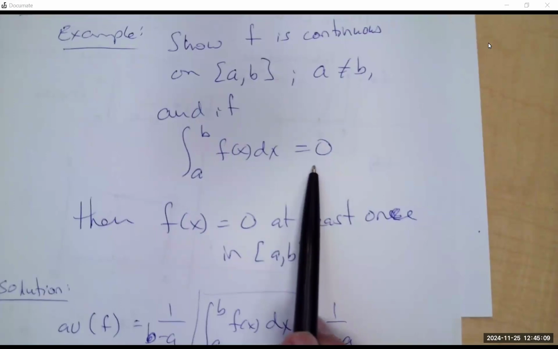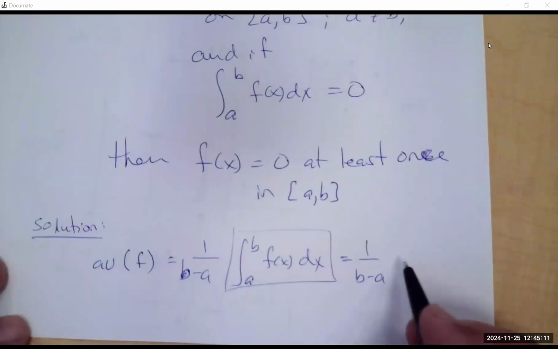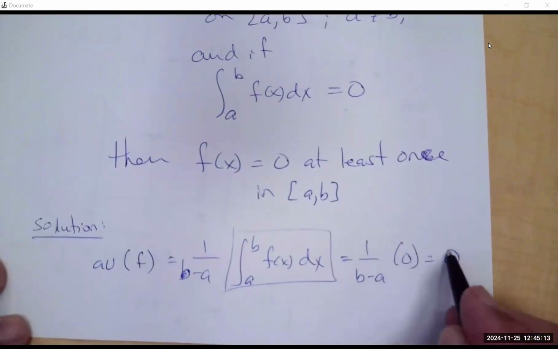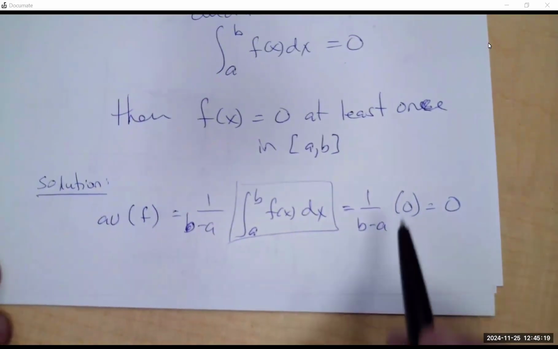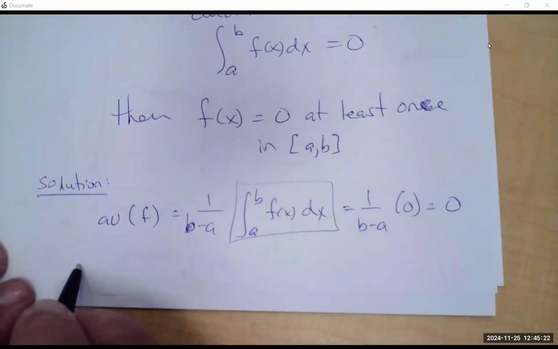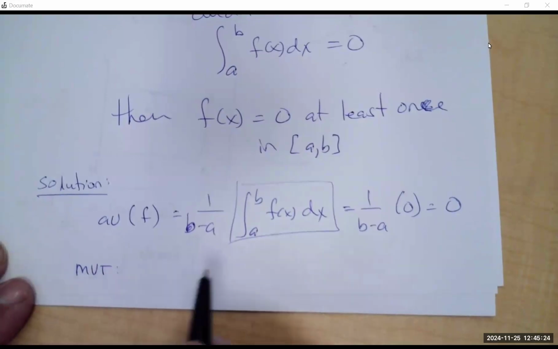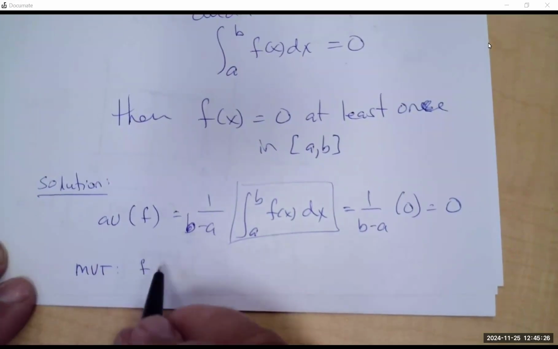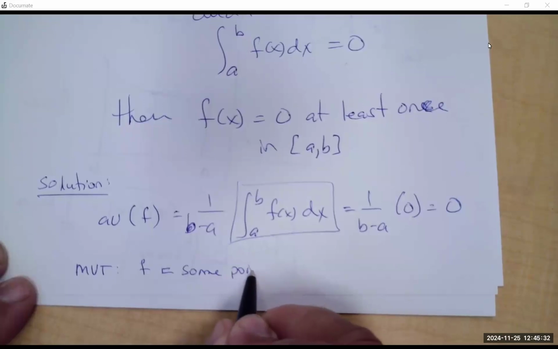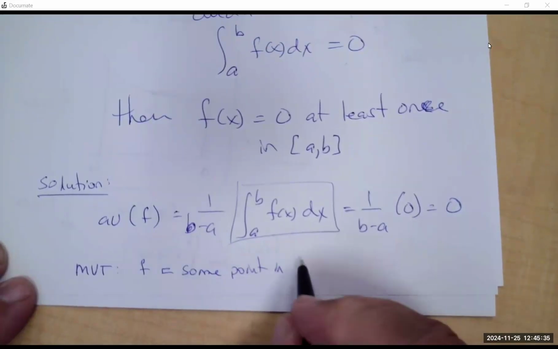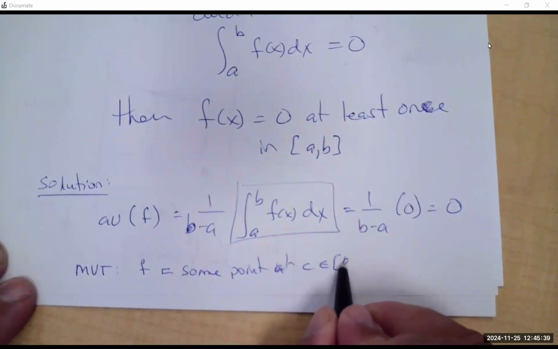Yes, it equals 0, then the whole thing is 0. So the only way that can be true by the mean value theorem says that f is 0 at some point C inside the closed interval AB.